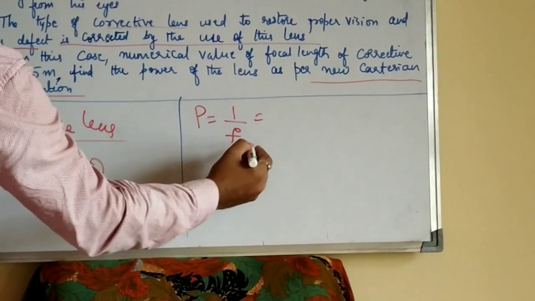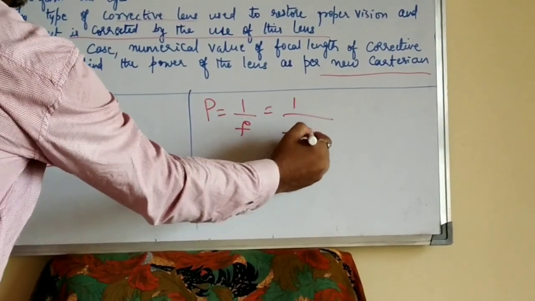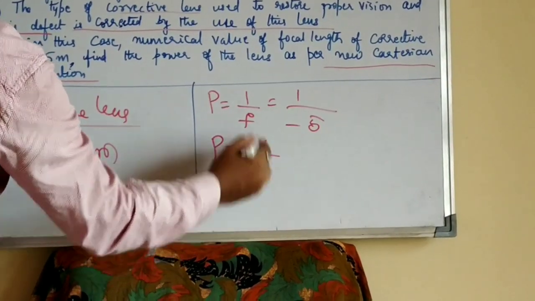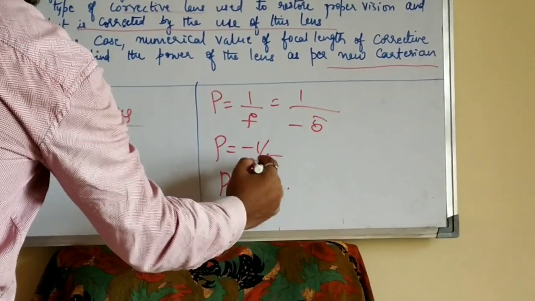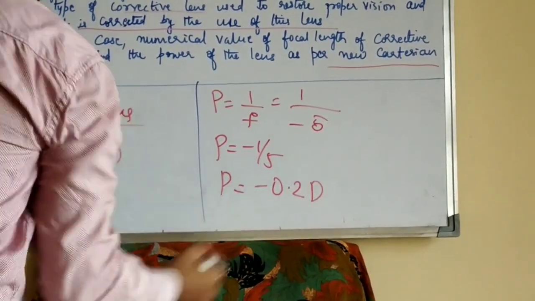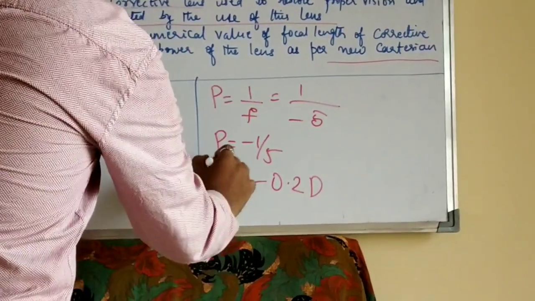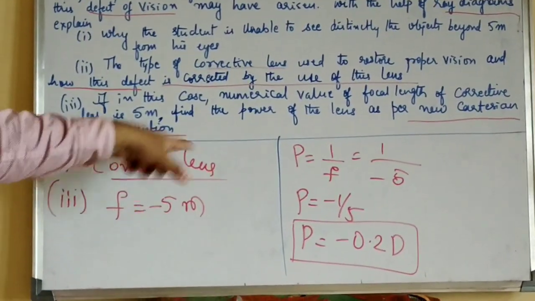So P is equal to 1 by f, 1 divided by minus 5, or P is equal to minus 1 by 5, or P is equal to minus 0.2 diopter. Okay, minus 0.2 diopter is the power of the corrective lens, that is concave lens.